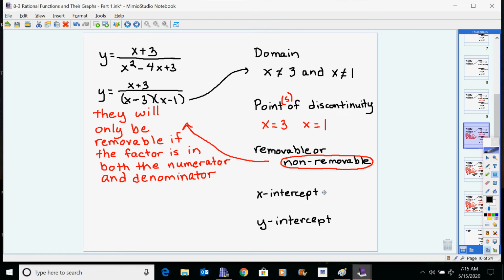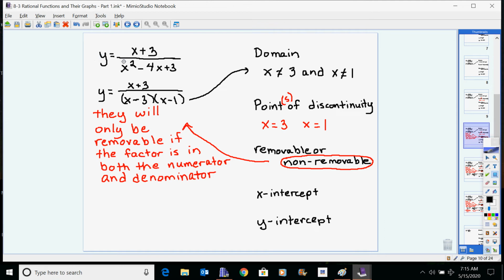X-intercept. You know how to find an x-intercept. You let y equal 0. So if we go back to this one and you put y equals 0 in here, you might think that's going to be difficult to solve, but not really, because it doesn't matter what the denominator turns out to be. When y equals 0, as long as you have 0 over something, you're going to get a 0 for your answer.